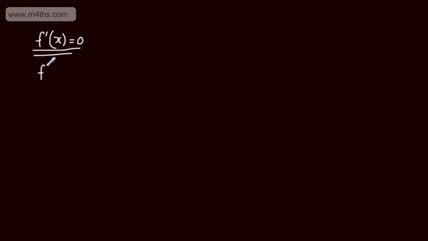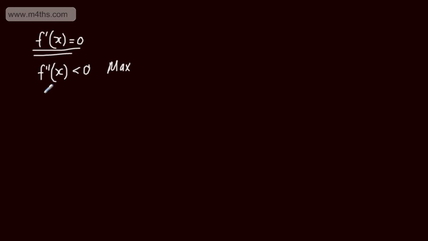If we take the second derivative, f double dashed of x, or d2y by dx squared, and this is less than 0, we have a maximum. So what this is saying is the gradient is decreasing as the value of x is increasing.